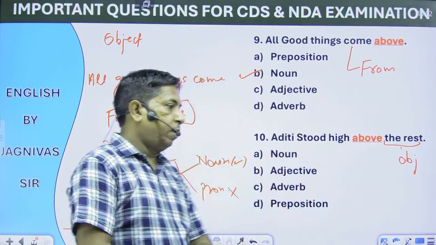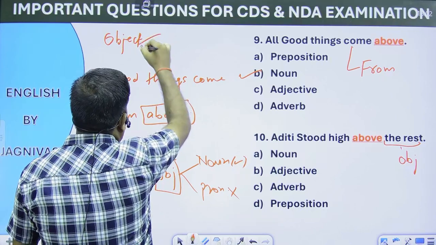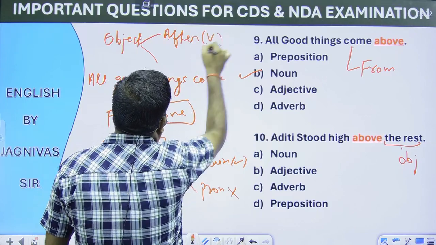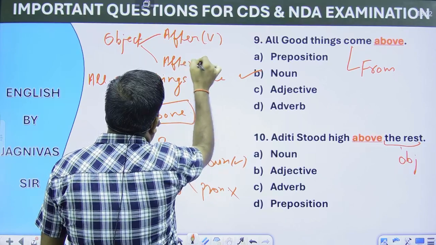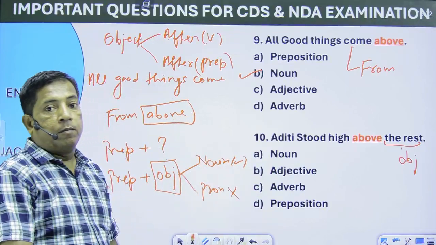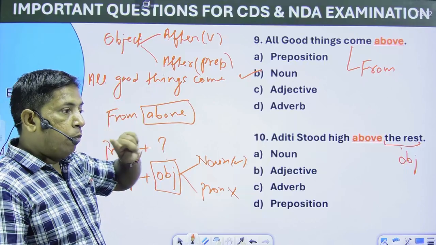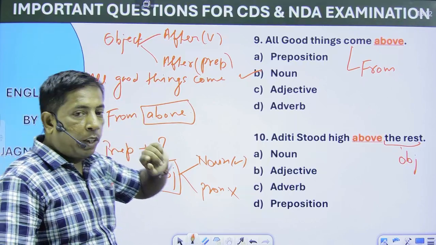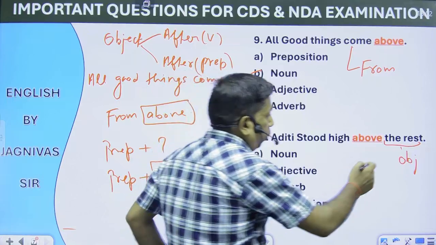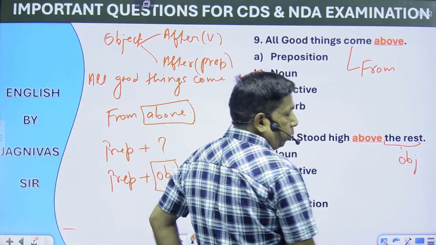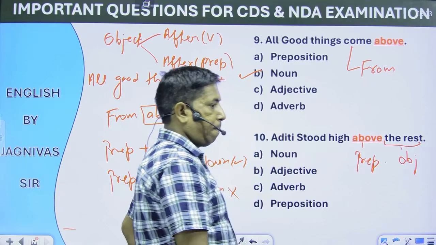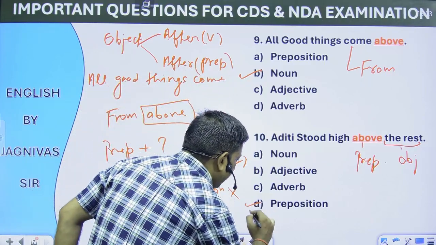Only in two places. Where? After a verb or after a preposition. These are the only two cases of object in the whole English grammar. So this is the object. Everybody knows this is not a verb. This is a preposition. So the answer of this sentence is preposition.